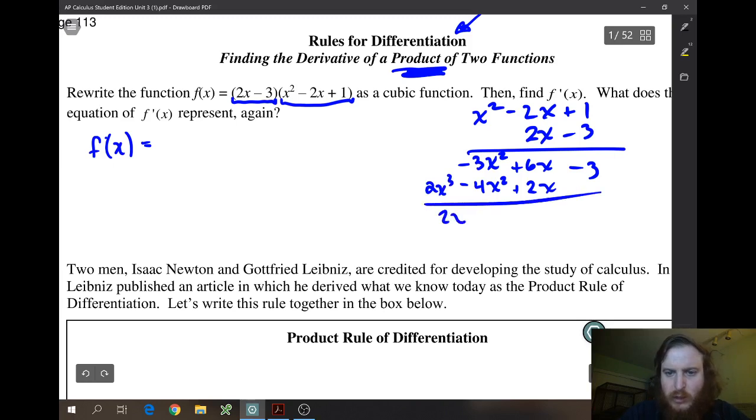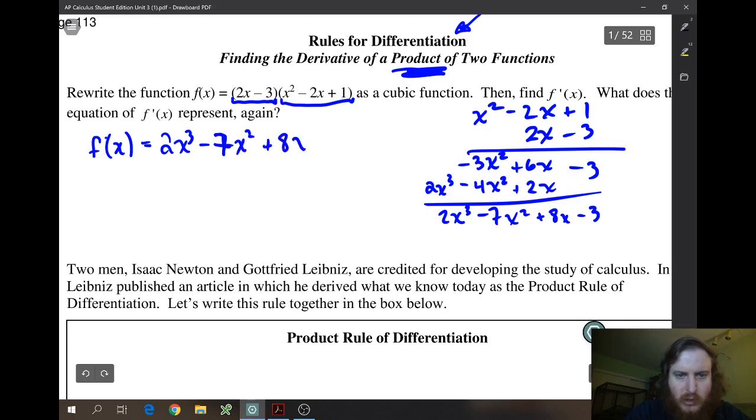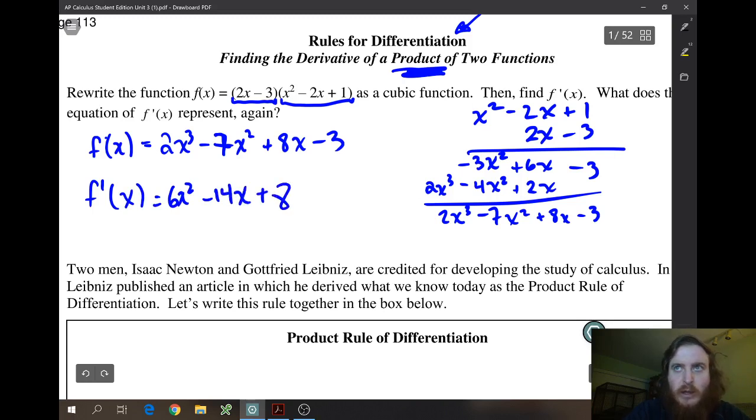So we get 2x cubed minus 7x squared plus 8x minus 3. So this is in polynomial form, and now we can just apply the power rule. So we get 6x squared minus 14x plus 8, and that's our derivative.